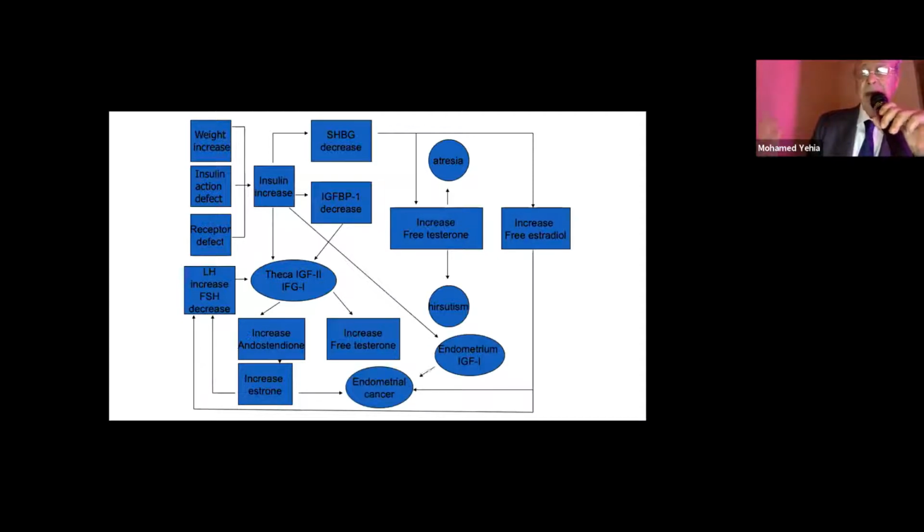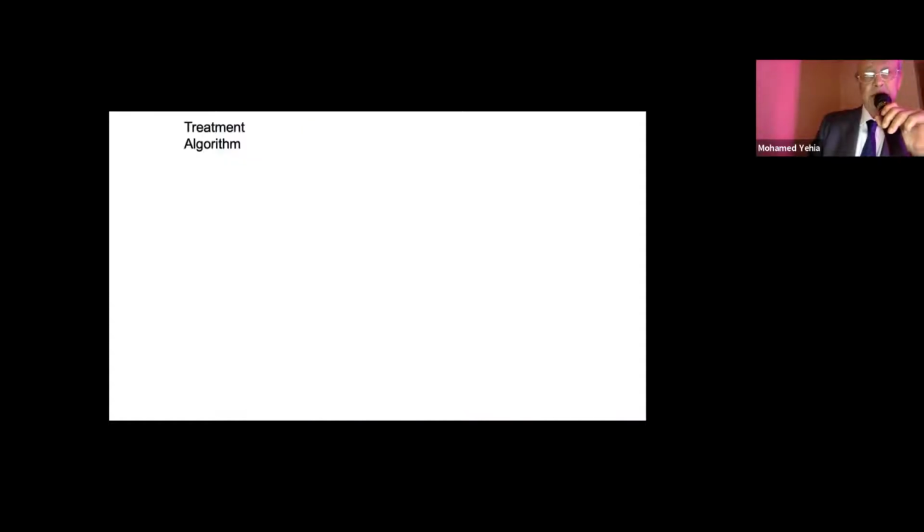At the end of the day, this unopposed action of estrogen will lead to a higher incidence of endometrial cancer. So this, in short, is the pathophysiology in obese women.